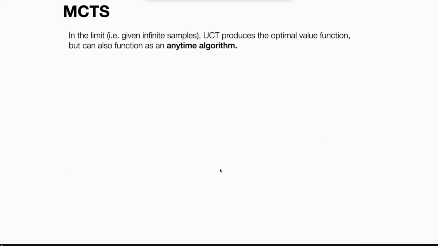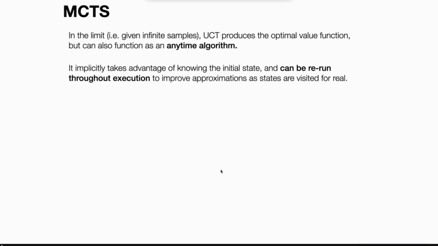So, given infinite time or infinite data, we can get the true optimal answer. And we can repeatedly run this over time, which is quite nice. We can keep the data in the tree, and so we can run it online quite often as well.